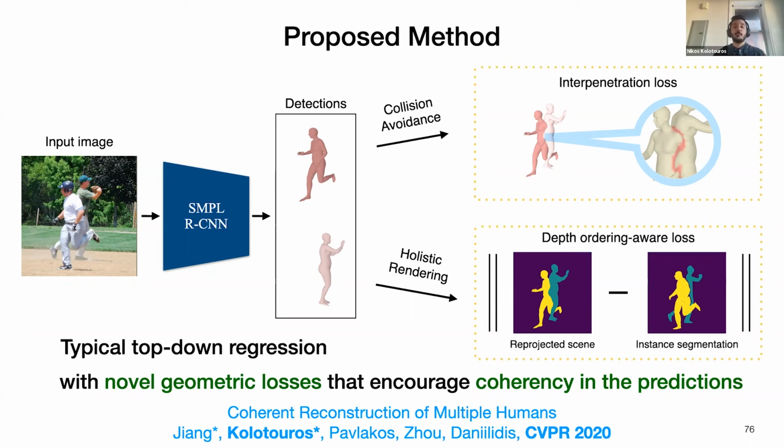Segmentation masks give cues about occlusions. If we know that one person is occluding part of another person, then this body part has to be closer to the camera than the occluded body part of the other person. These losses are applied during training, encouraging the network to make coherent predictions. At test time, we rely on what the network has learned and make the predictions in a feed-forward manner.